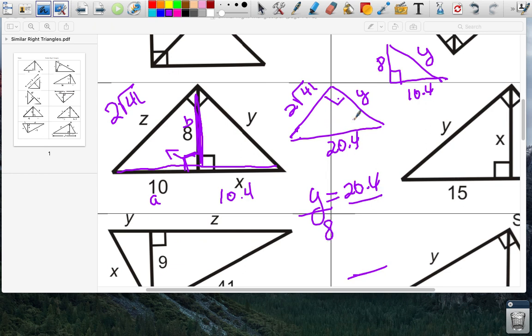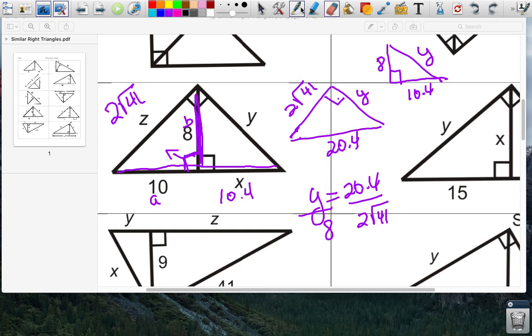The short side on this one is 2 square root of 41. What a mess. Well, let's continue since I started.